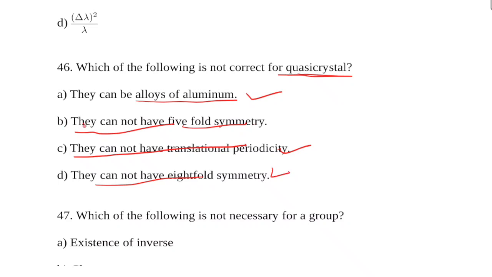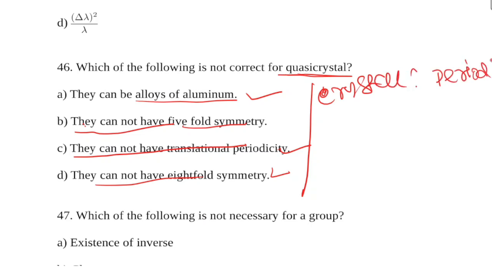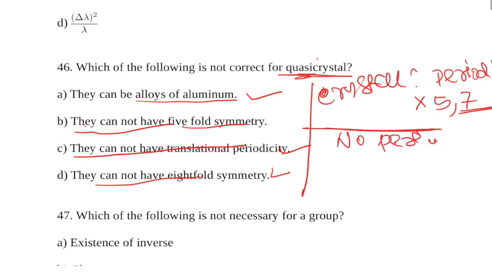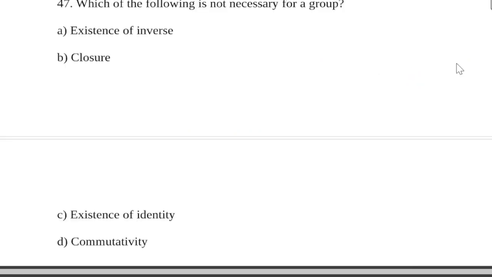And this is not correct about quasi-crystal, because you should remember how we define crystals: they will be having periodic arrangement. They are not having fivefold, sevenfold symmetry. But these quasi-crystals have no periodic symmetry, and they are having fivefold, sevenfold symmetry. So this option is not correct.